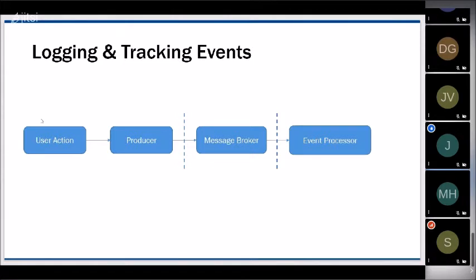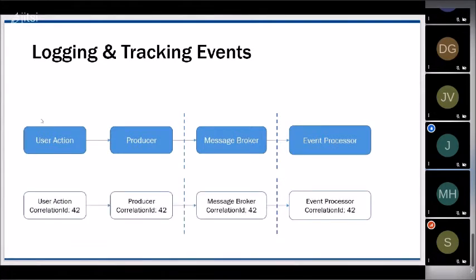But once you start scaling up to a producer sending something to a broker, which is processed by multiple things downstream, logging and tracking can get pretty dicey. So what you're going to want to do is create some sort of correlation ID that goes with your action as it crosses the different boundaries.